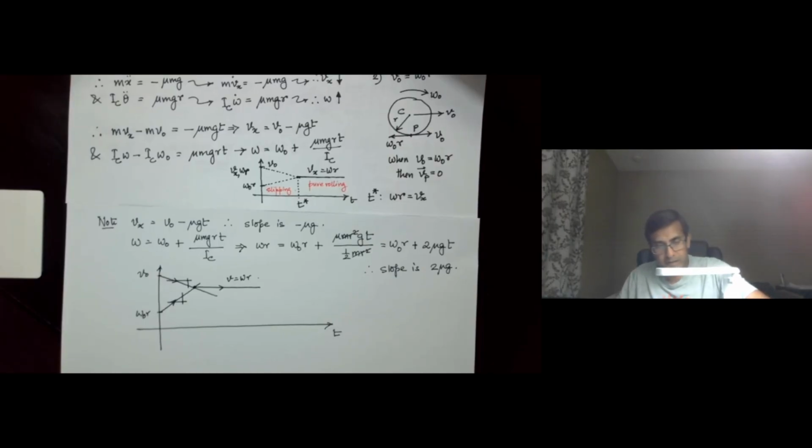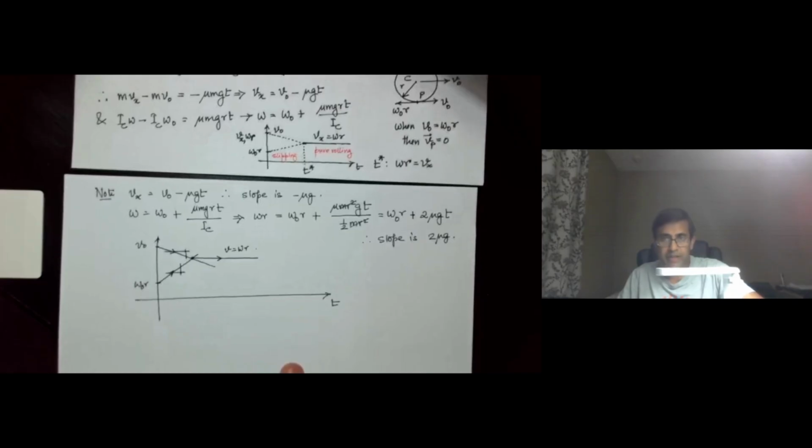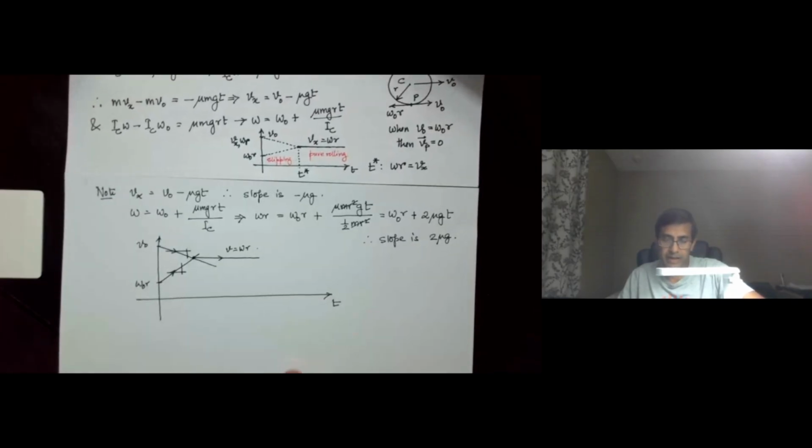Finally, the third observation that I would like to make is that fundamentally, when there is slipping, there is loss of energy, because it's friction which is taking away energy from the system. Once the system reaches pure rolling, the system becomes a lossless system. There is no energy lost, and we are talking about pure rolling.